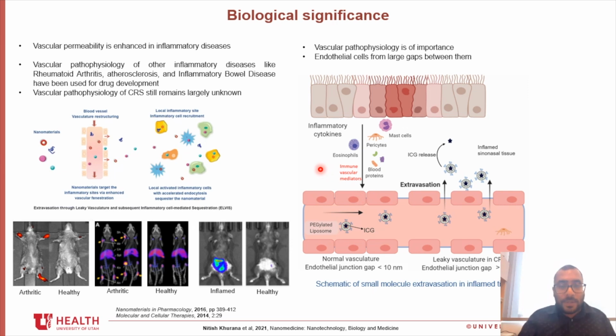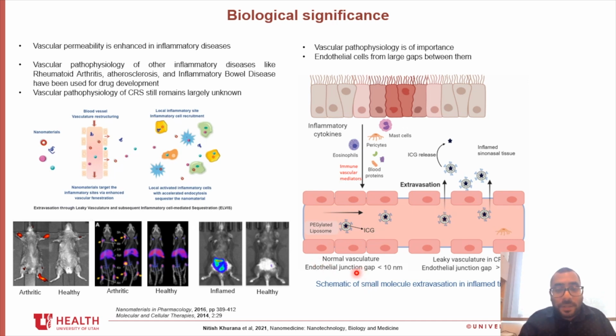So what will happen in this case, as you might remember from the last lecture, normal tissue has these tight junctions between endothelial cells. And once a lot of effects such as angiogenesis or different inflammatory cytokines start working on this network of blood vessels, these fenestrations or these junction gaps start to widen up.